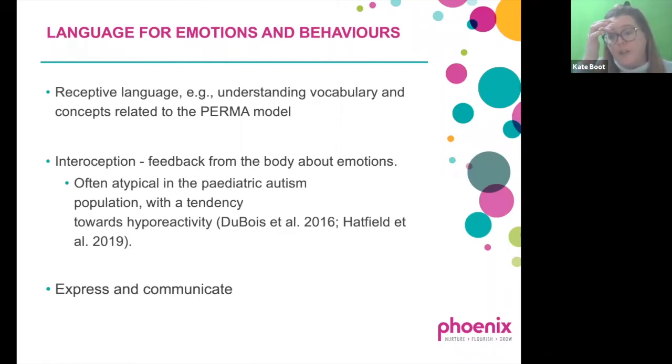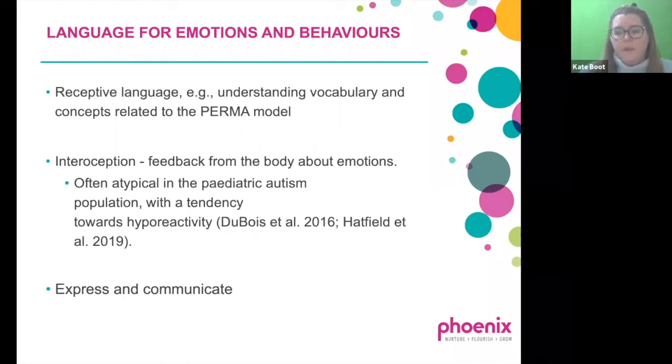Recent research has suggested that adequate interoceptive awareness and processing plays a role in higher-level cognitive processes such as theory of mind and self-regulation, and it's also been argued recently that difficulties with self and other processing in autism might relate to underlying impairments with the interoceptive system.